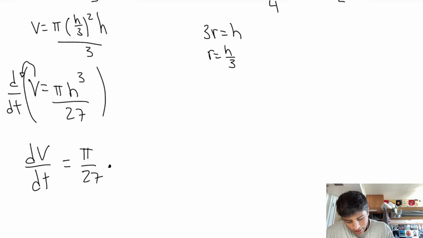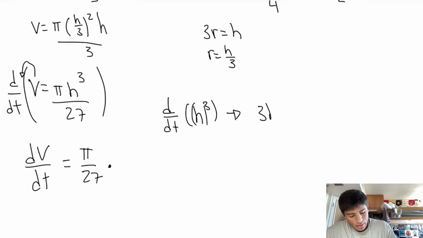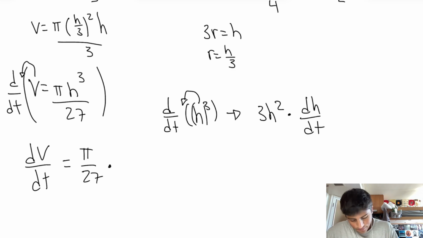And then let's find out what d over dt of h to the 3 is. Our first step, the derivative of the outside in our chain rule, and the derivative of the inside. We multiply it by dh over dt times 3h squared dh over dt.